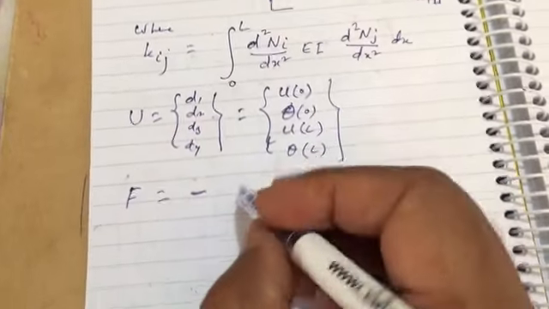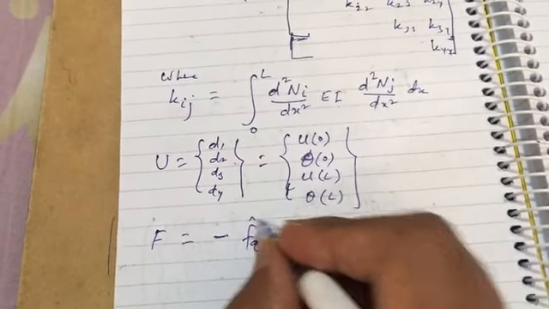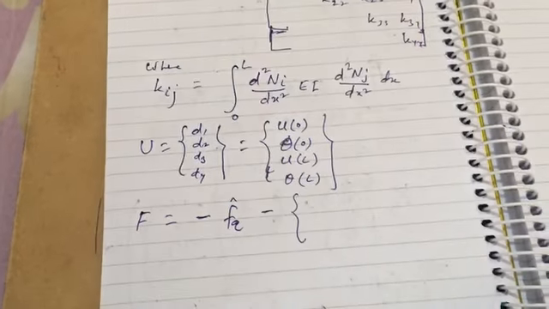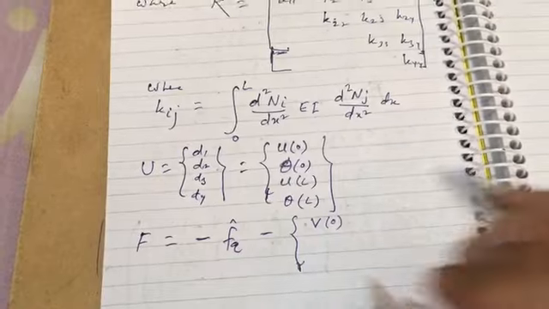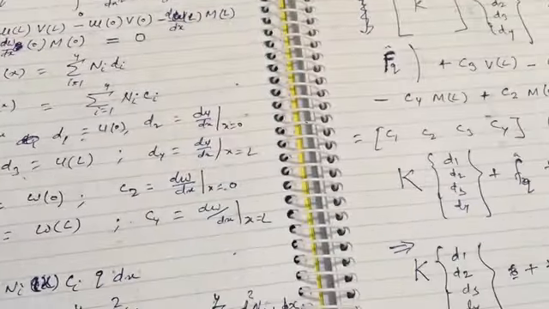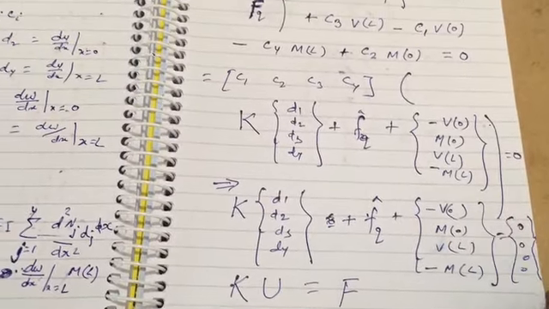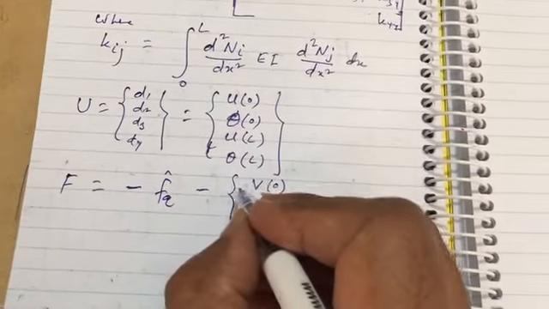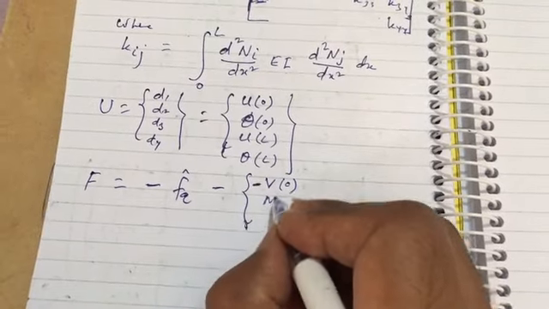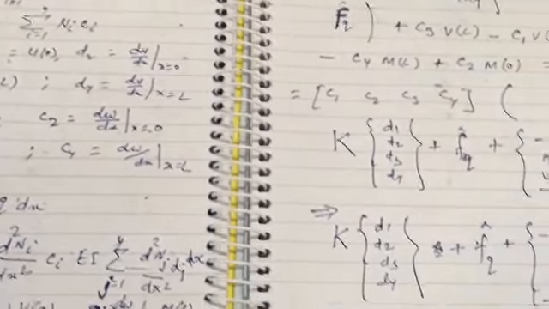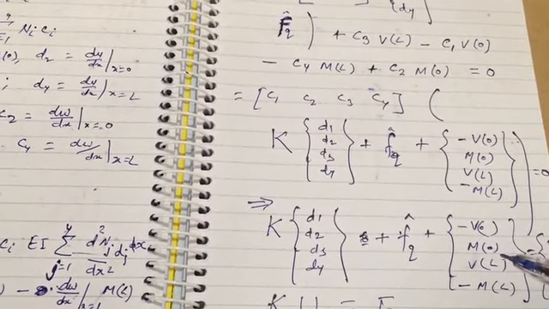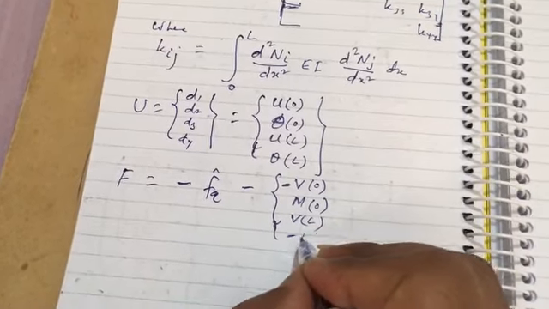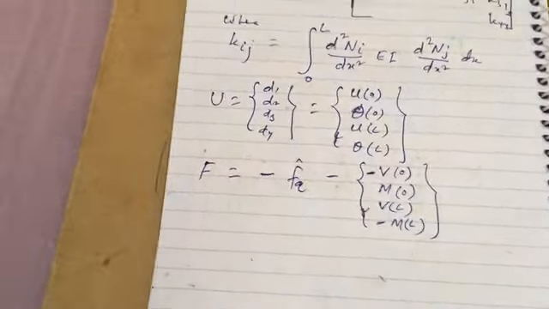So F equals minus Fq, and then the others: first is V0, so it's minus V0, then M naught, so minus V0 plus M naught plus VL, then minus ML. Like that.